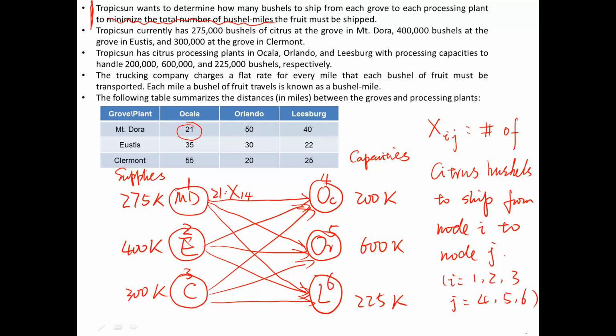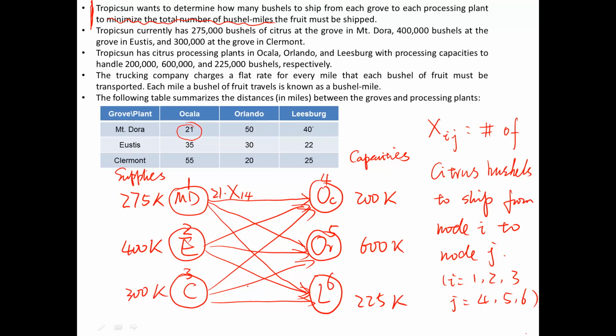Think about it. Right? Okay, then if we want to get the total bushel miles, then we need to take this entire table, multiply them by their individual decision variables, and sum them together.